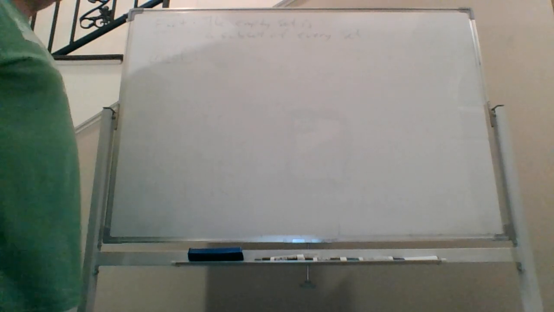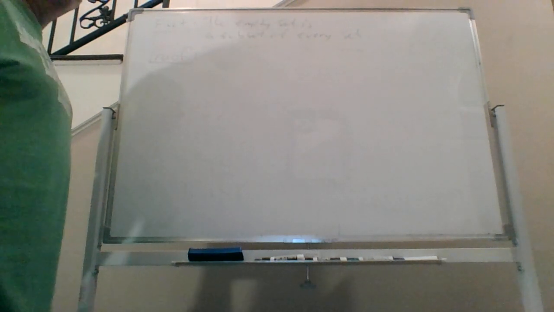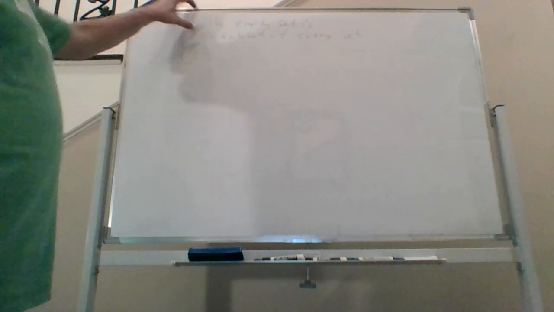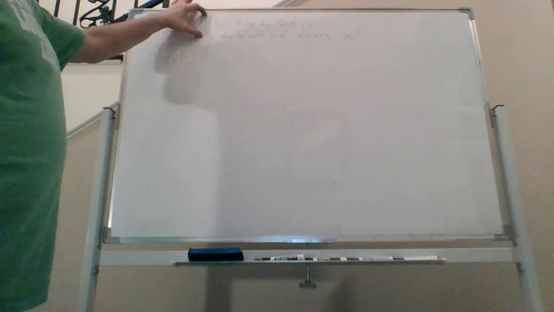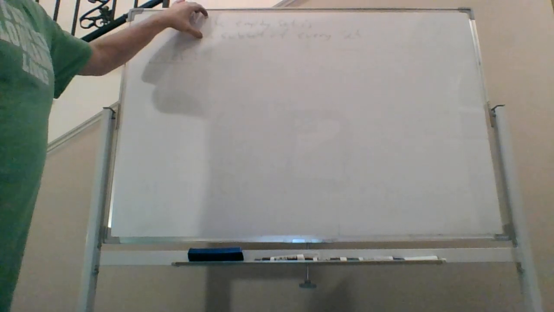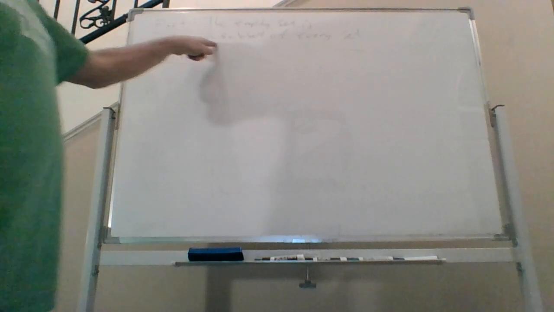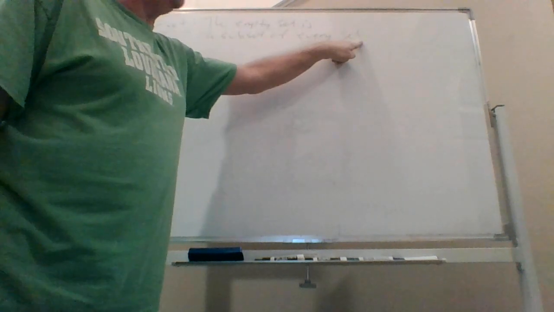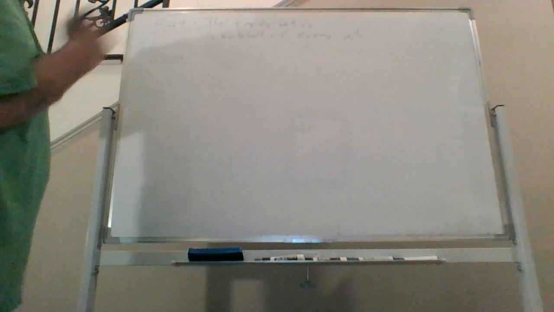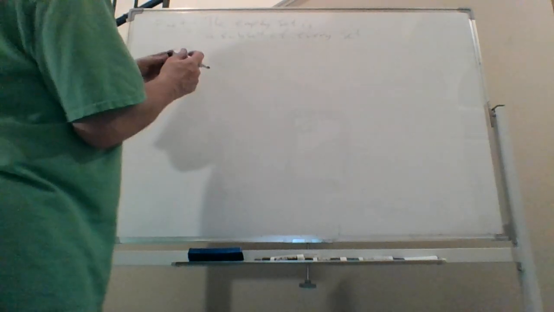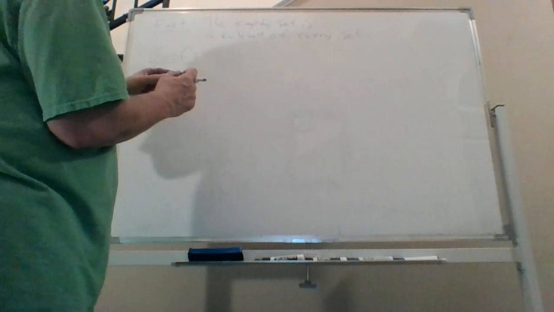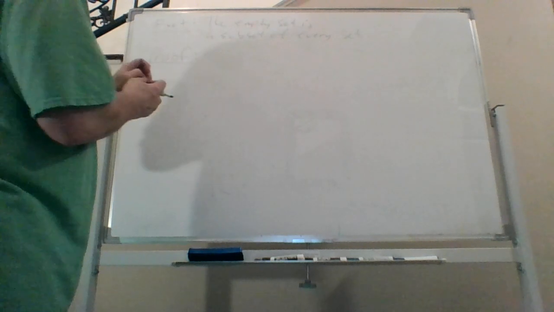Every statement's either true or it's false. So let's assume the negative of this is true. The empty set is a subset of every set. So what if this weren't true? That means there's a set for which the empty set is not a subset, right?